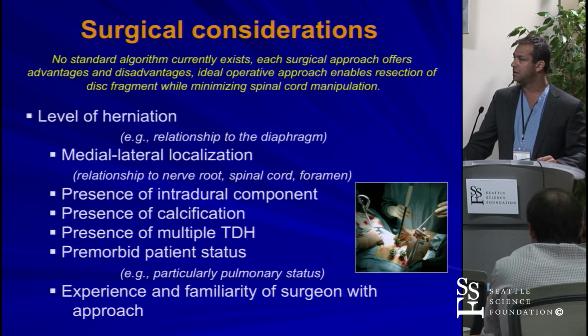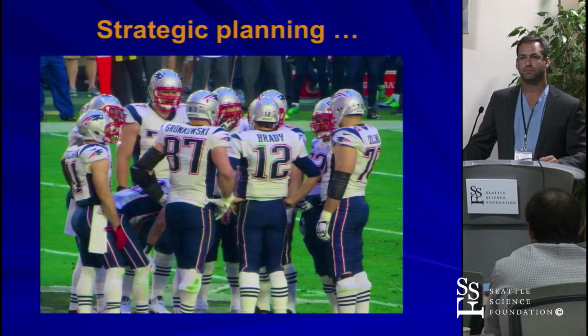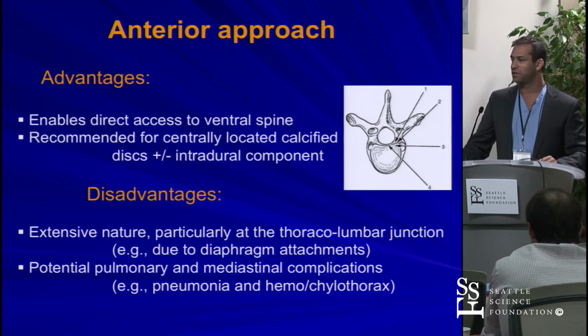Oftentimes what you'll do is you'll get familiar with a particular approach, and that's what's happened with me. The couple of approaches that I'm going to discuss at length are the two that I'm most familiar with. But again, strategic planning is very, very important. You want to make sure that you've spent a lot of time before you even get to the operating room planning out what you're going to do.